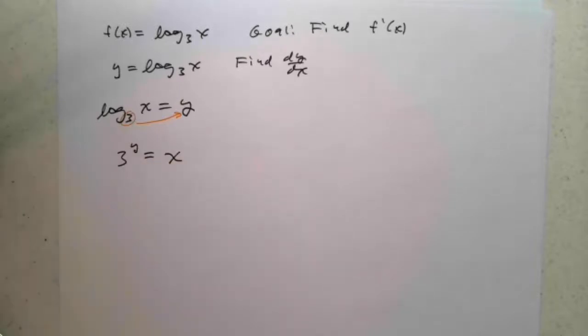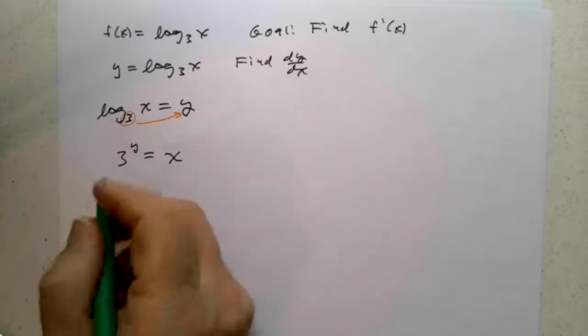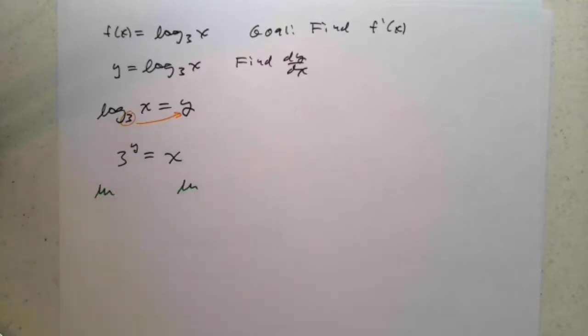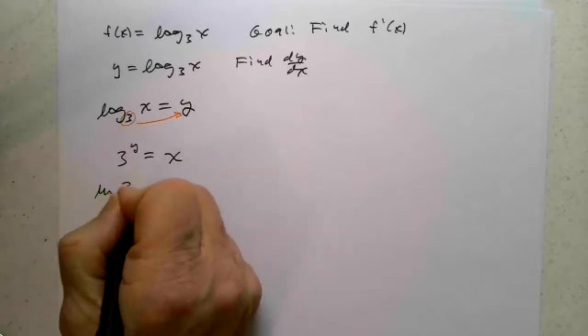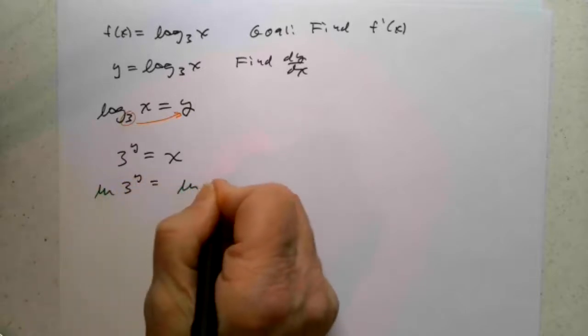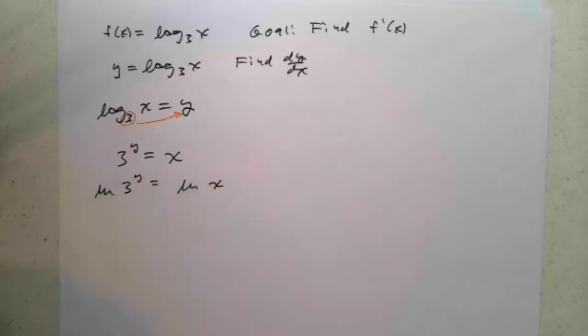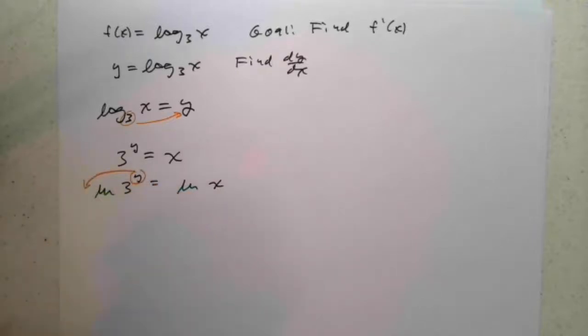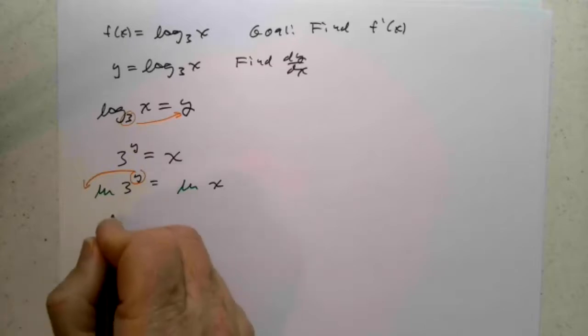So we're going to take the natural log of both sides. Natural log of the left equals natural log of the right. So natural log of 3 to the y equals natural log of x. And this enables us to bring the constant down front. So y times the natural log of 3 equals natural log of x.